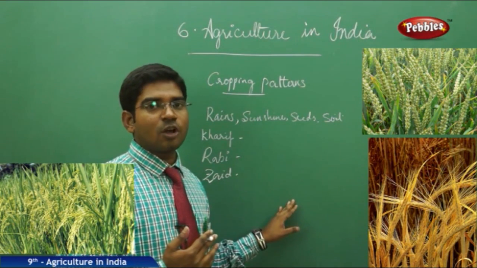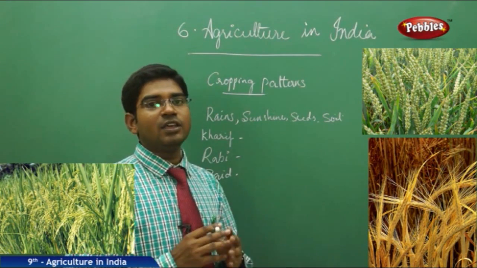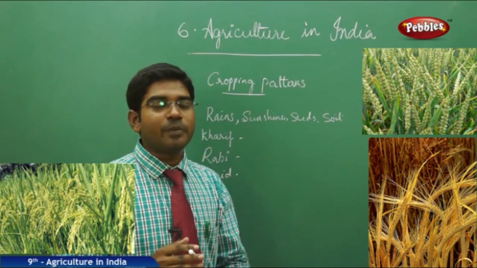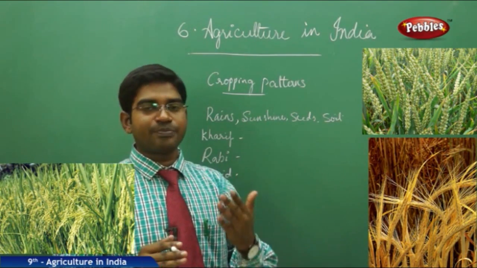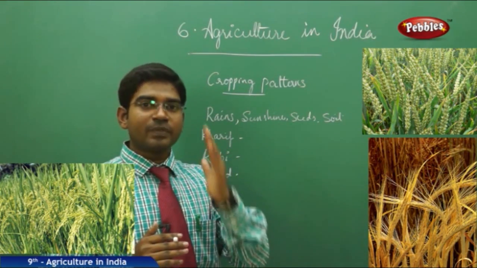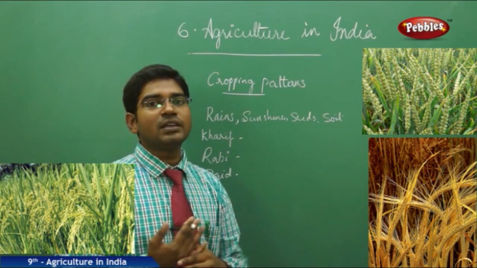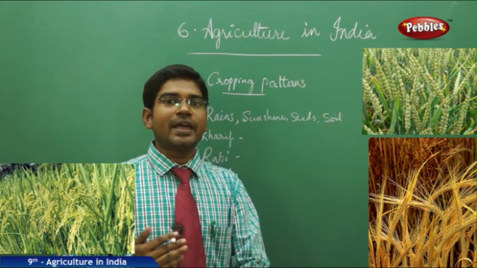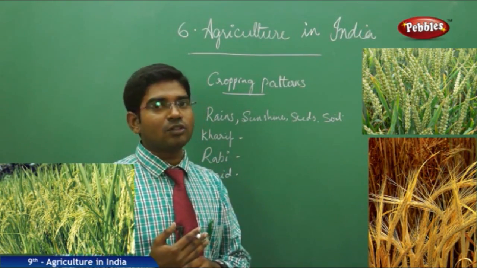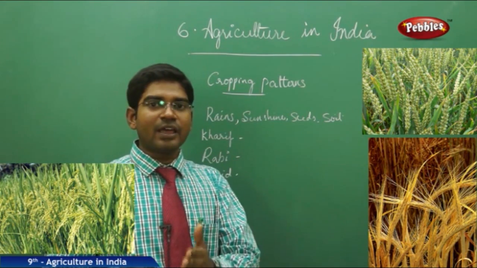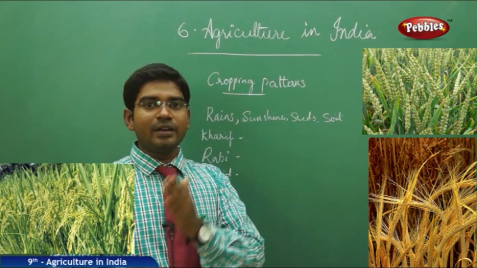This is a commercial cropping pattern and depends highly on the fertility of the soil, because any land cannot be utilized continuously for all three seasons. It has to be utilized for one season, then the next one, then a gap is given, then the Kharif season is taken. If you take Kharif, Rabi and Zayad, very soon the fertility of the soil moves away. So they choose either Kharif and Zayad, or Rabi and Zayad.